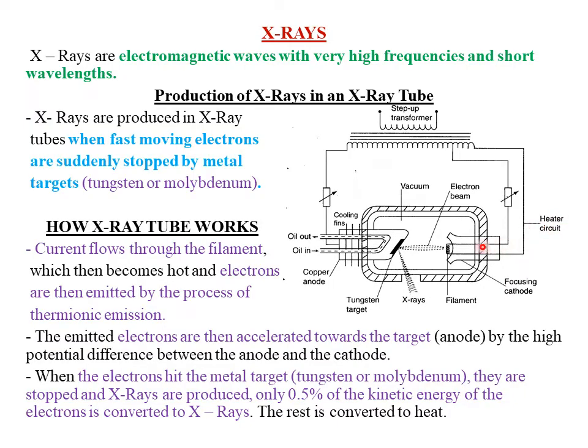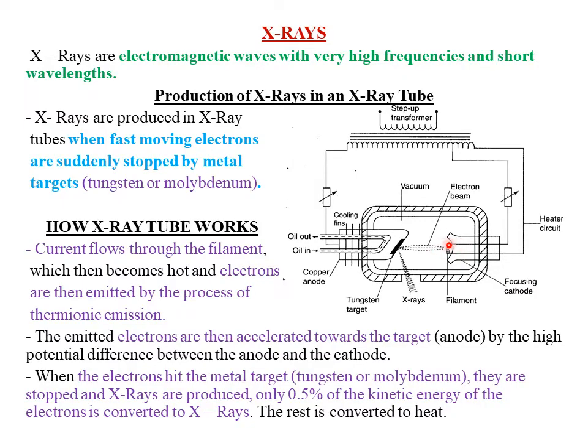The heater circuit is going to heat this element, which is connected with the cathode. We know that cathodes are usually negatively charged. So the filament is going to heat the cathode such that the electrons within the cathode gain some kinetic energy. Hence, they'll be free to move.